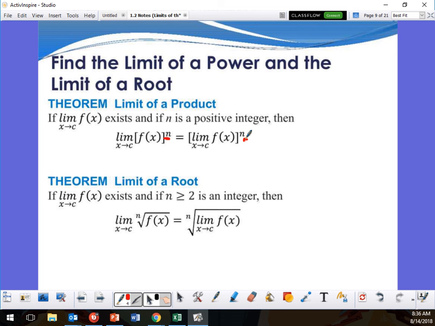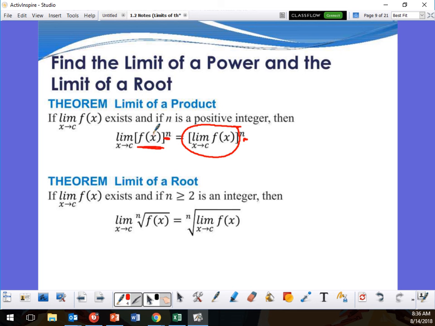So if you notice where the brackets are now, this is right here just around the function. So I could change it to be around the entire limit and then raise that to the power. Make sense? So instead of just doing the function, I could just do the whole limit to that power.